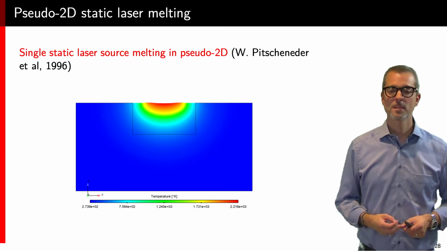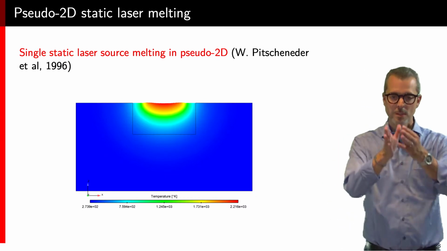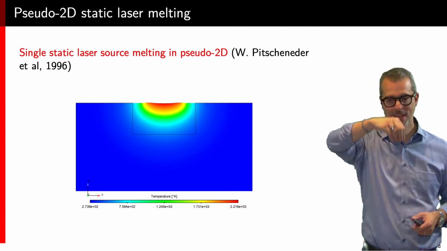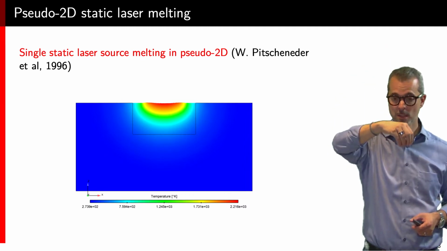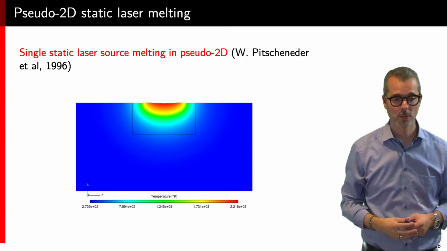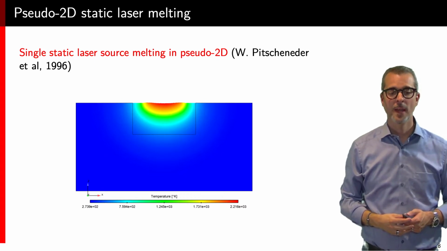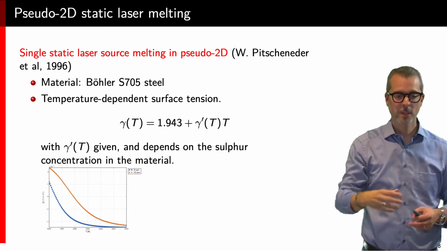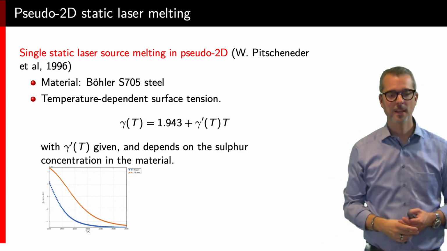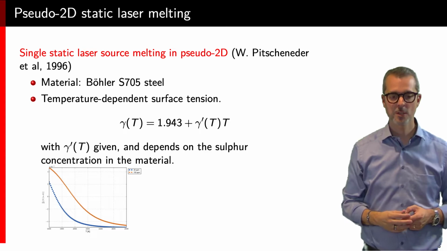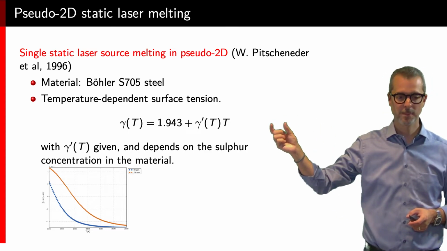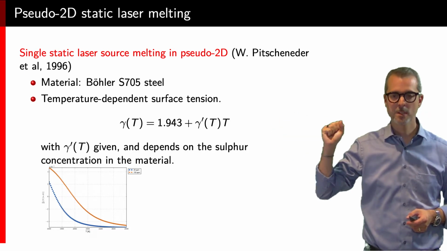This numerical experiment is in 2D, a slot, static laser melting. So basically you impose one laser at the top, and it starts to heat, and here you have the representation of the temperature, but the laser doesn't move. We consider here some type of steel, and we have a temperature-dependent surface tension that depends on this gamma prime of T, as we have seen in the Marangoni effect.